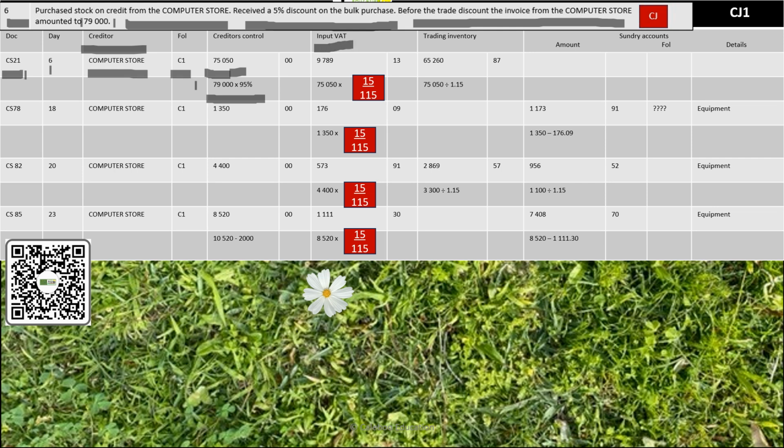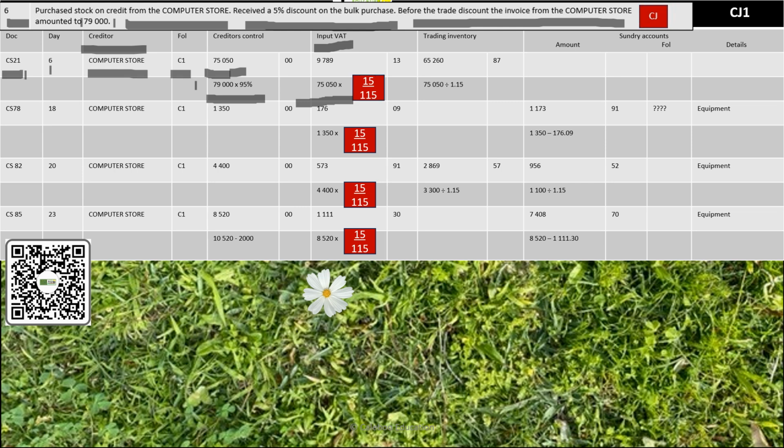input VAT. And the way to calculate the input VAT is the amount after the 5% trade discount multiplied by the VAT fraction, 15 over 115. Remember, we're working with a VAT rate of 15% as my example.